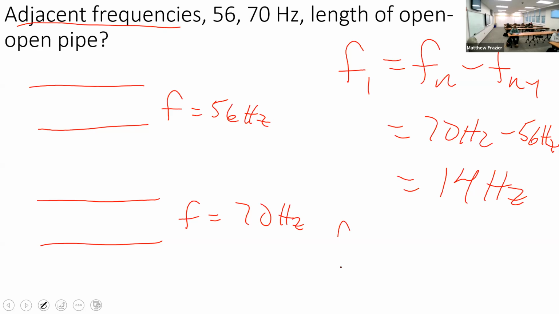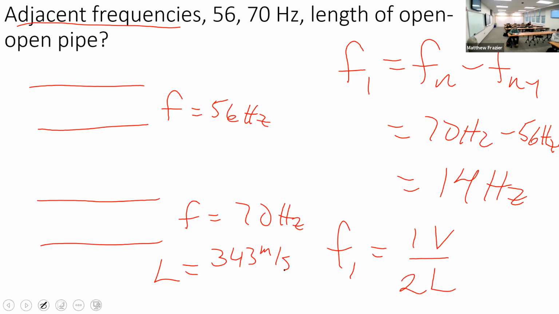Then you can say F1 is 1 times the velocity over twice the length. You know it's open because it's described as a culvert; you can see through it. So the length is 343 meters a second over twice 14 hertz, so 343 divided by 28, which is 12.25 meters.